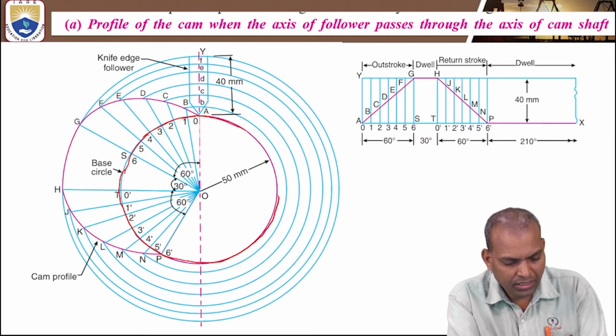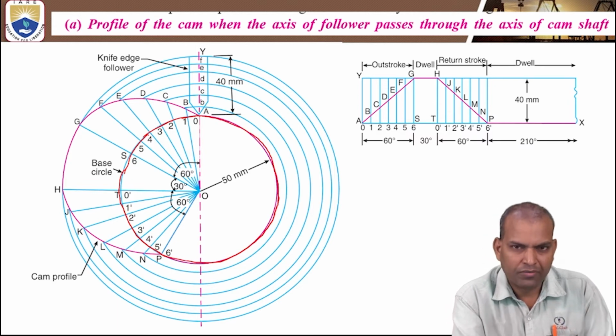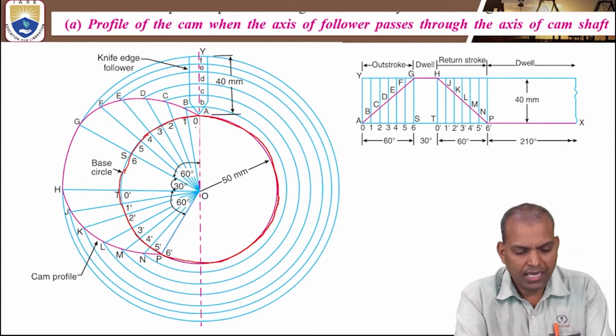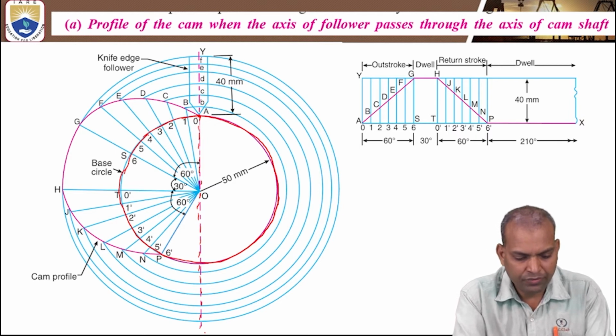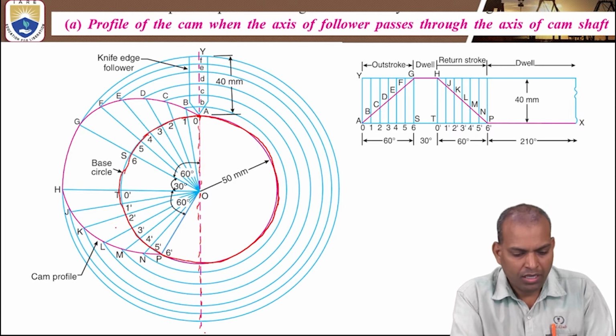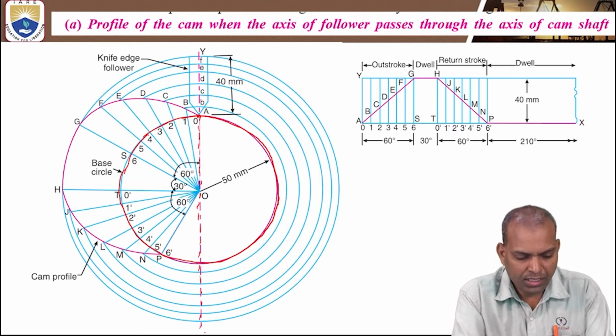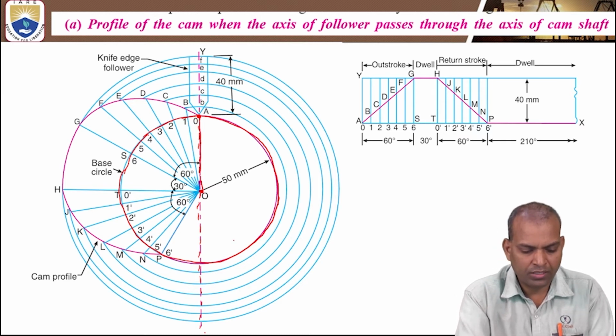Now here we are drawing case A. What is the case? First case is the axis of the follower is passing through the center of the cam. For that, we are drawing. That is case 1. Now, this is the point of starting, passing through center O. That is the first step.